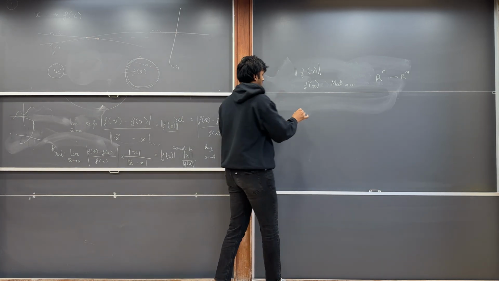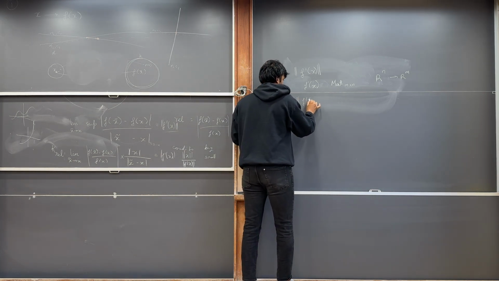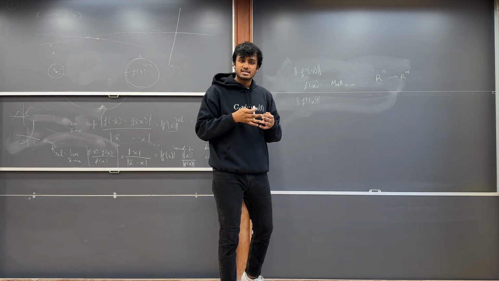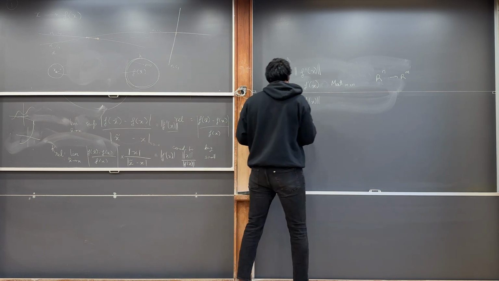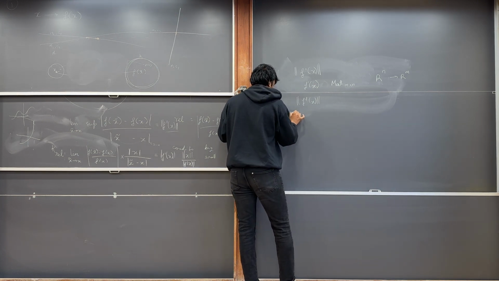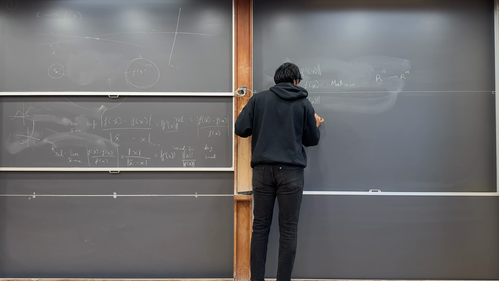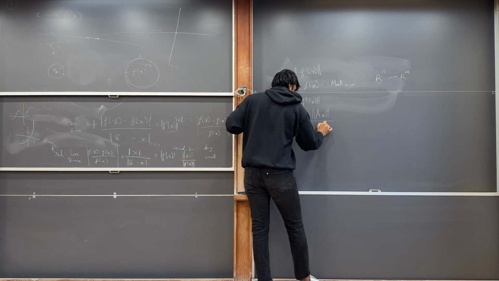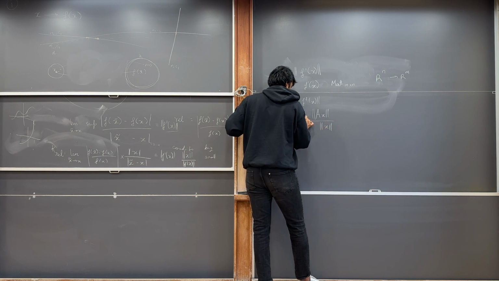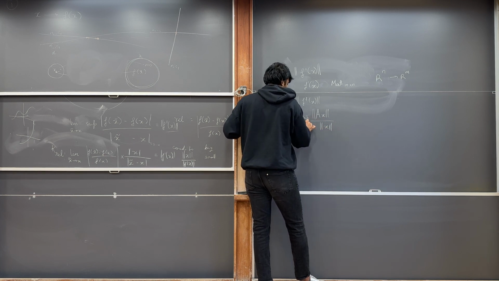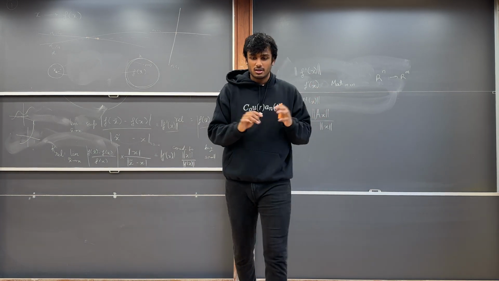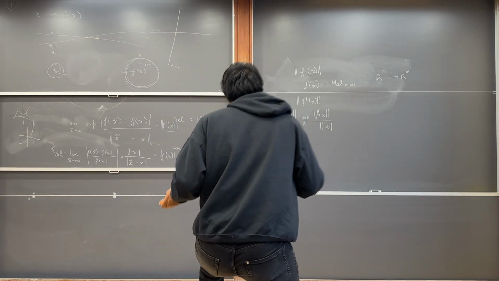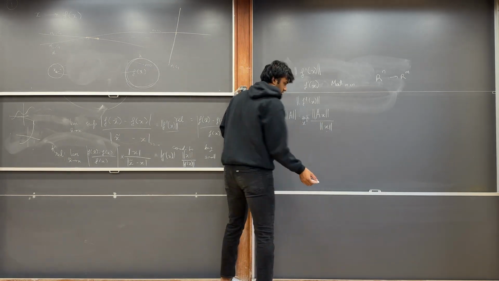What does it mean for a norm of a matrix? The norm of a matrix is an induced norm. What that means is the norm of a matrix A is equal to the supremum, over all x not equal to zero, of the norm of Ax divided by the norm of x, the maximum value of this ratio.